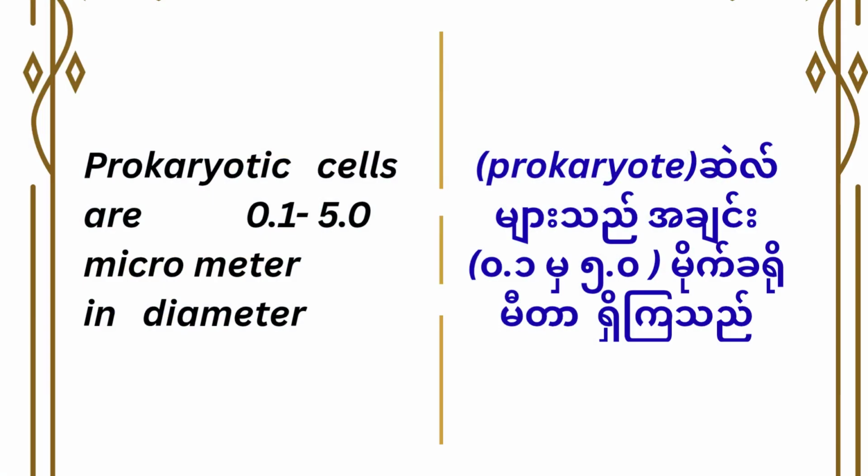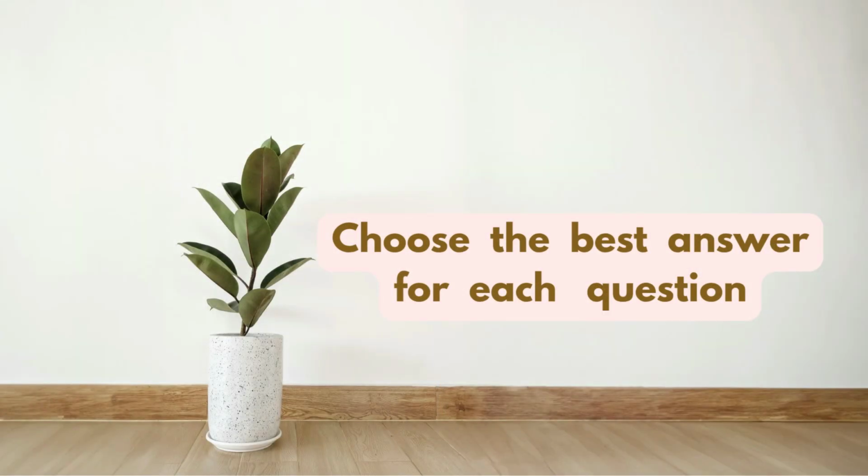Prokaryotic cells are 0.1 to 5.0 micrometers in diameter. Choose the best answer for each question.